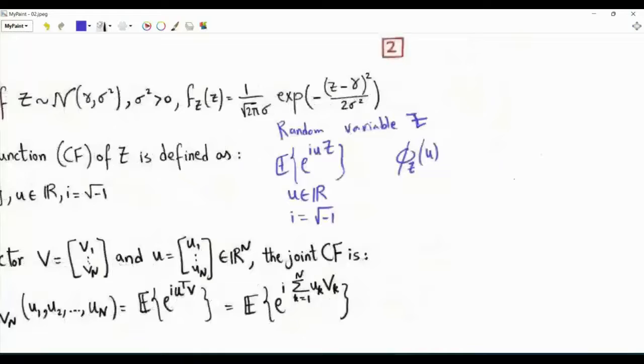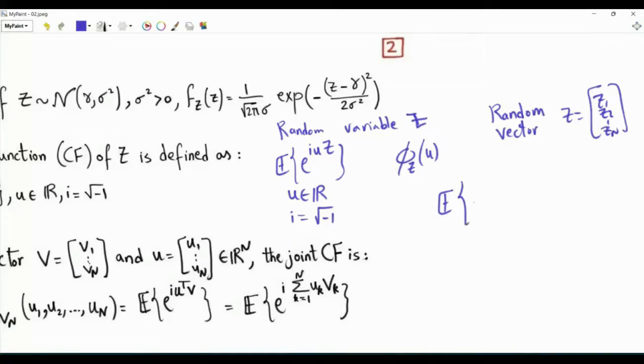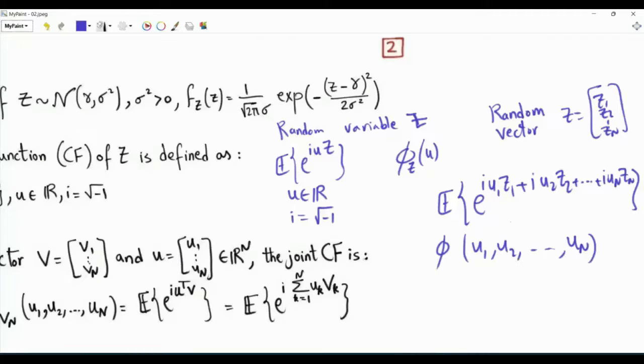Okay. Now, if we have a random vector or a collection of random variables, so this will be z now, z1, z2, all the way to zn, then the characteristic function is the expectation of e to the i times u1 z1 plus u2 z2, all the way to un zn, which means that now this is a function that will depend on big N real parameters, u1, u2, all the way to un.